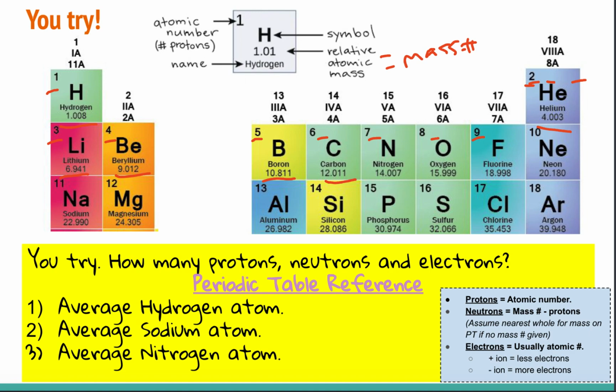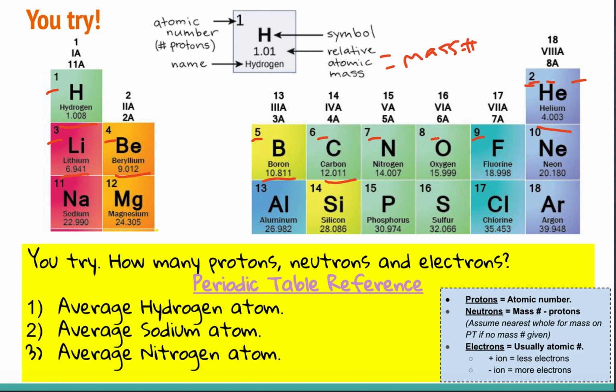It's sort of like if someone says, hey, in my class, I have 12.011 students. That doesn't mean I have 12 students and some student's finger. It means that most of my classes have 12 students, and I might have one class in my school with 13 students. So that's why it's a decimal number representing an average.